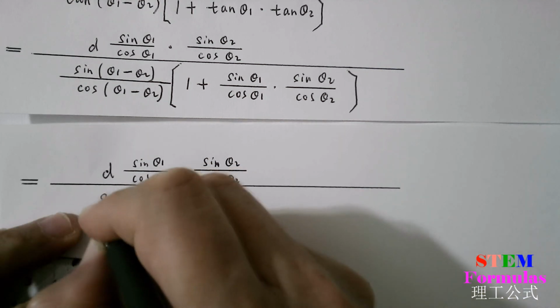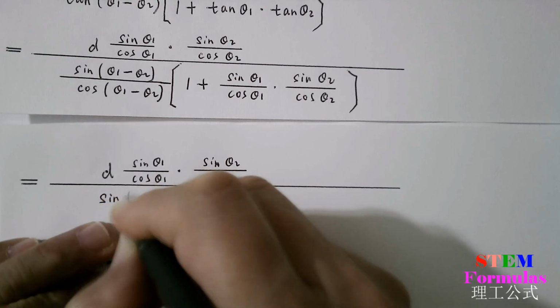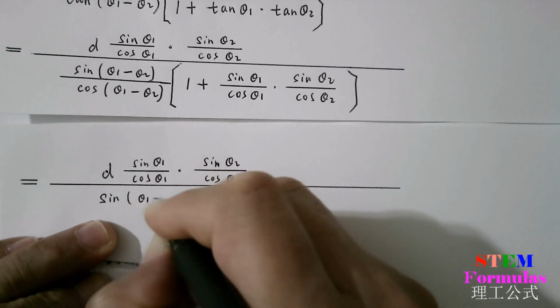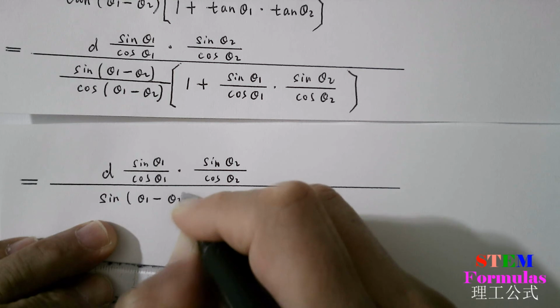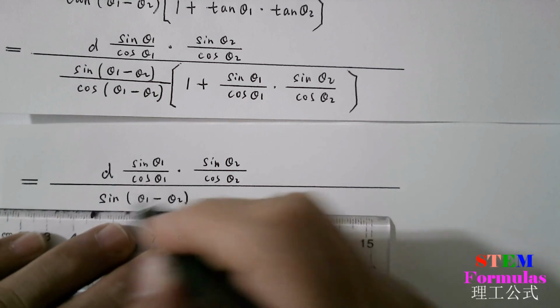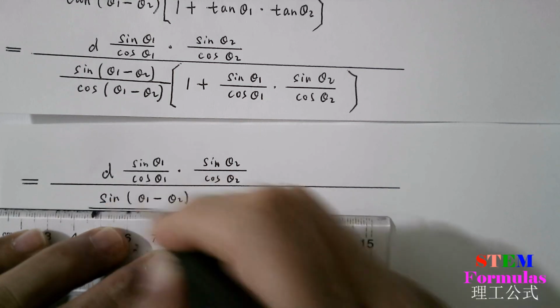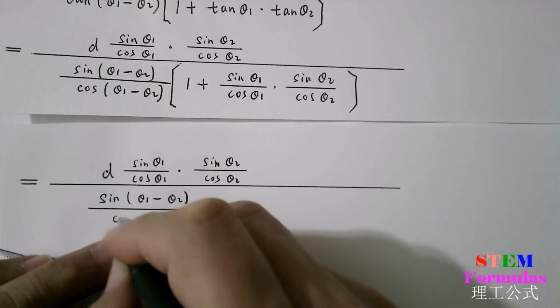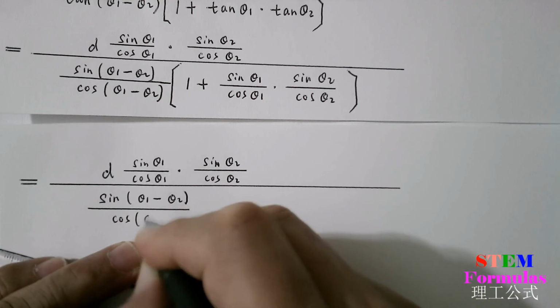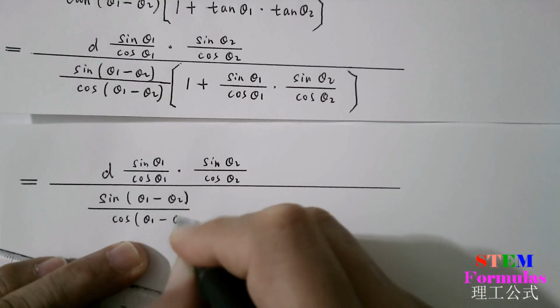Now sine (theta 1 minus theta 2) divided by cosine (theta 1 minus theta 2).